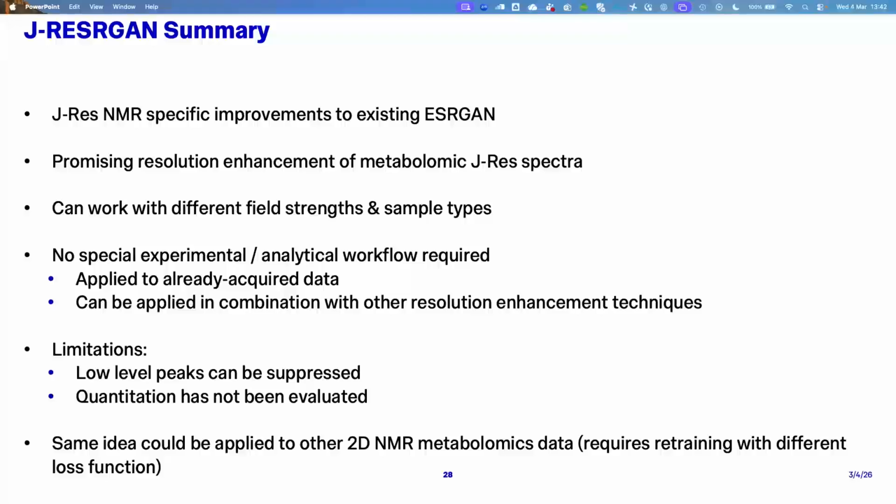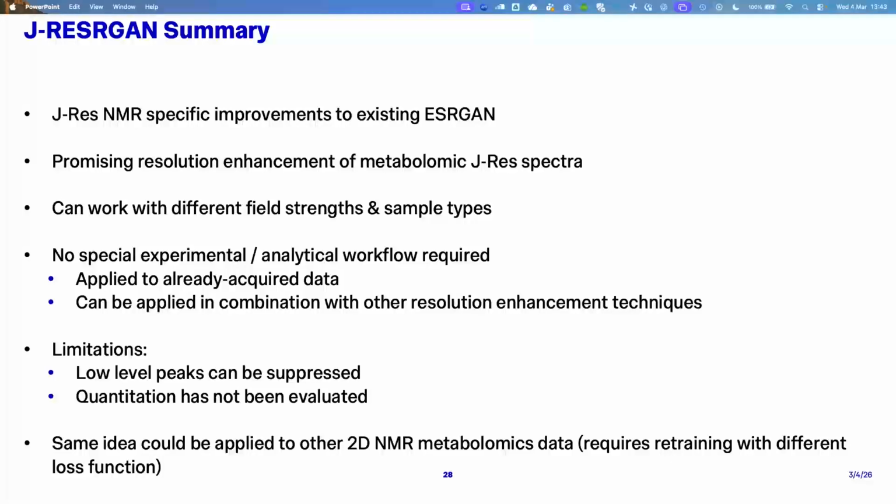Okay. Yeah, there's a question. Did you use a GAN just because there was a model already available for that? Or why did you specifically use the GAN? That's a large part of the reason. ESRGAN came out, I think, in 2021, and my student was starting just after that, and we thought it would be a really interesting approach because it seemed to be really at the forefront of image processing and resolution enhancement techniques in natural images.